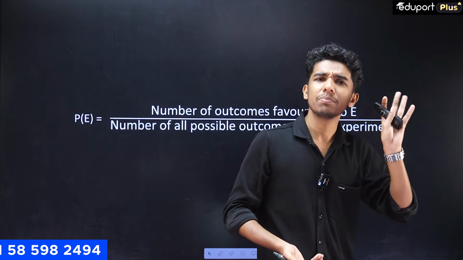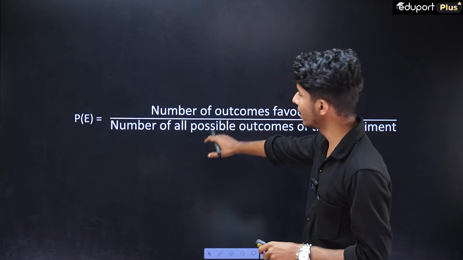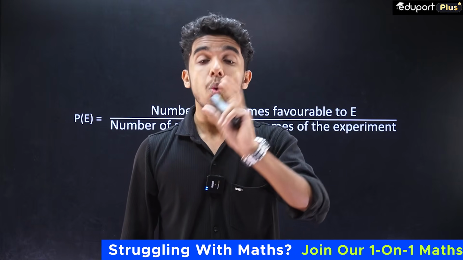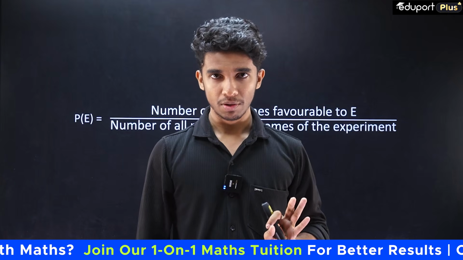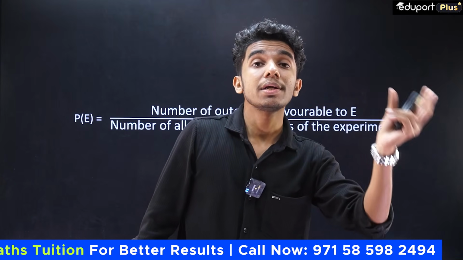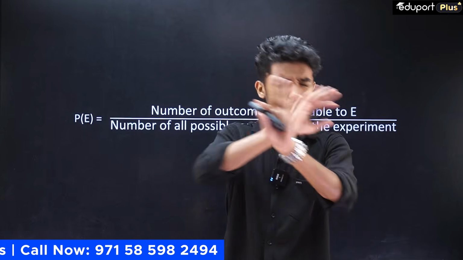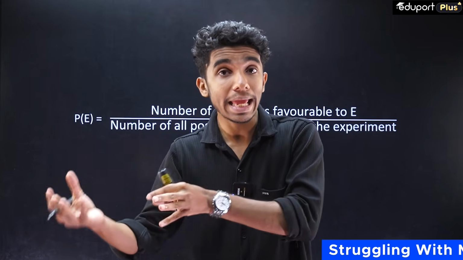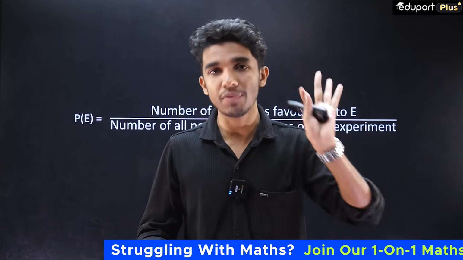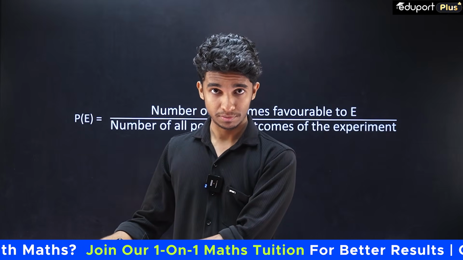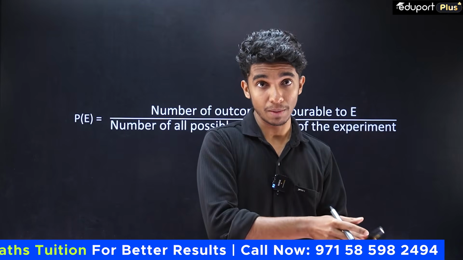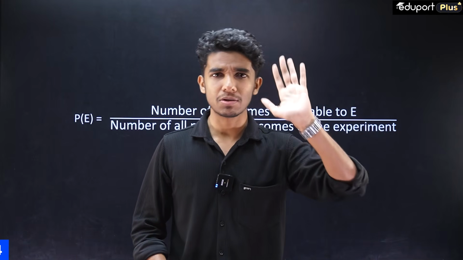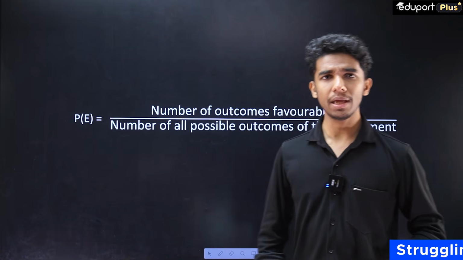If you have a question from probability and you can find out what the favorable outcomes are and what the total outcomes of the experiment are, which we call the event, you can easily score. You get the basic idea of probability.